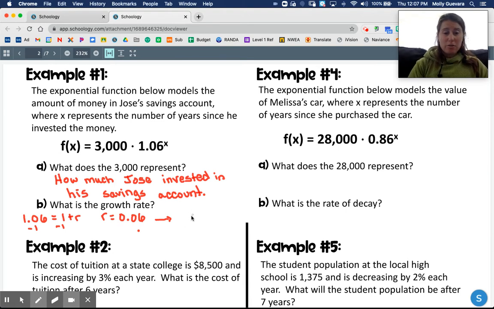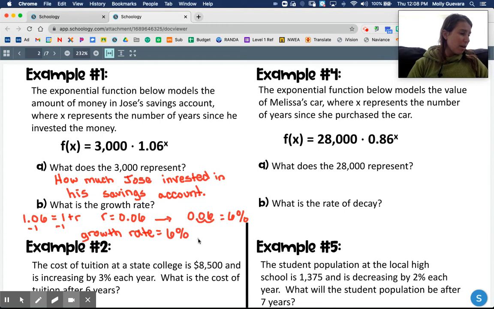The way that you do that is you take your 0.06 and you always move it 2 decimal places to the right. 1, 2. So this equals 6%. So the growth rate of this bank account is 6%.